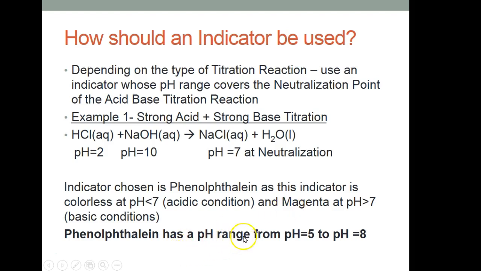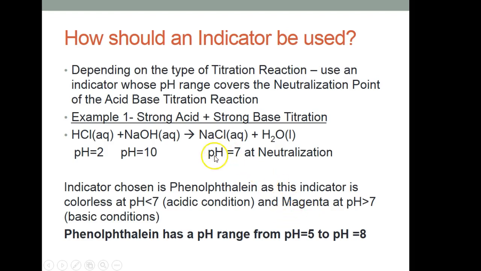The range for phenolphthalein is between 5 and 8. At 5, it would still be colorless. You'll see a slight pink developing gradually, and by the time you hit pH 7, which is where the end point is, and a little above that, pH 8, it becomes a light pink color.